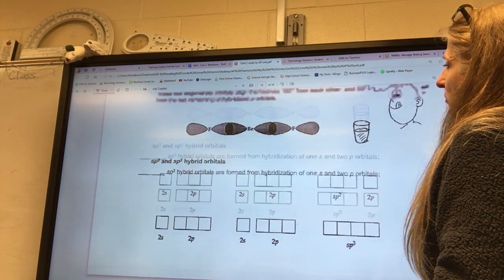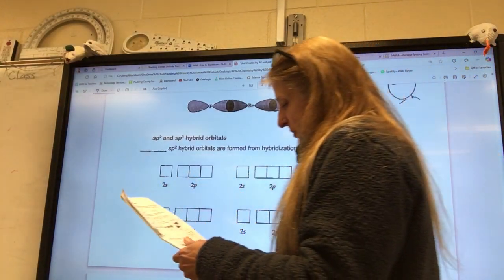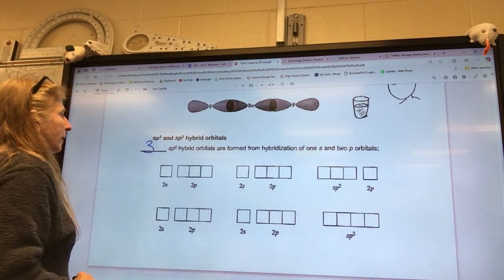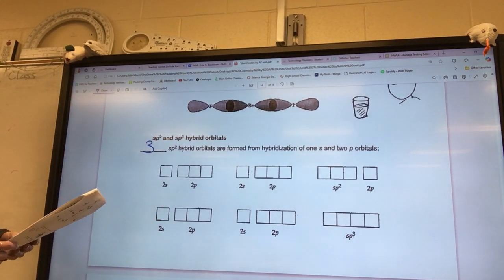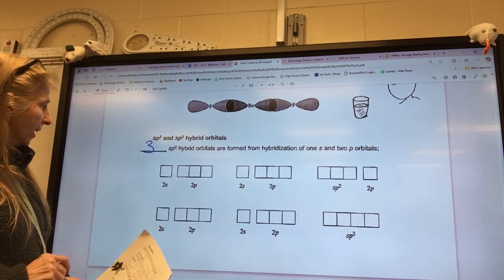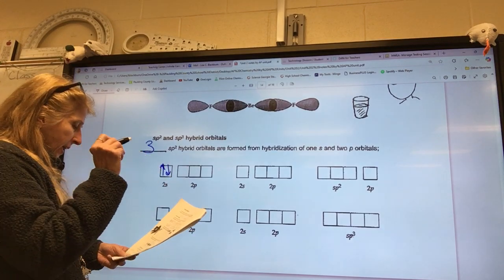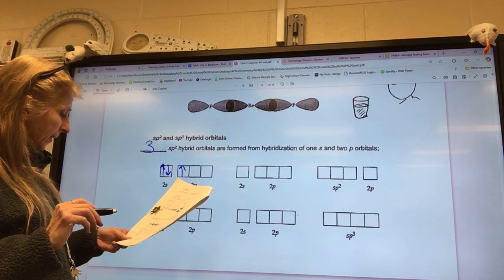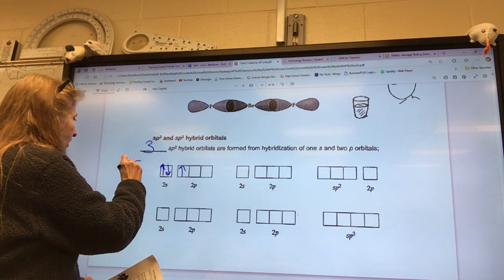Okay, well, what about other ones? This was Mr. Sanchez's question. So what about SP2? So this is what happens sometimes. So if we had 2S and 1P, this is called SP2.